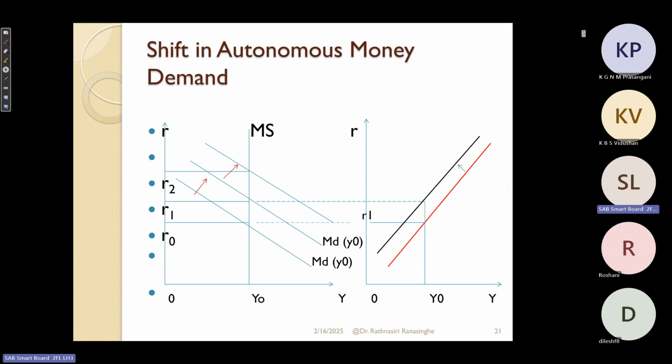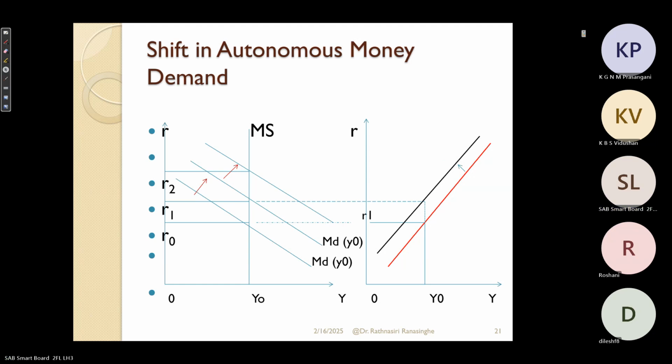Why does this money demand curve shift to the right? Because of the autonomous change in money demand. If autonomous money demand increases because of the uncertainty, people do not invest and keep money with them. Money demand increases without changing income, which means an increase in autonomous money demand.